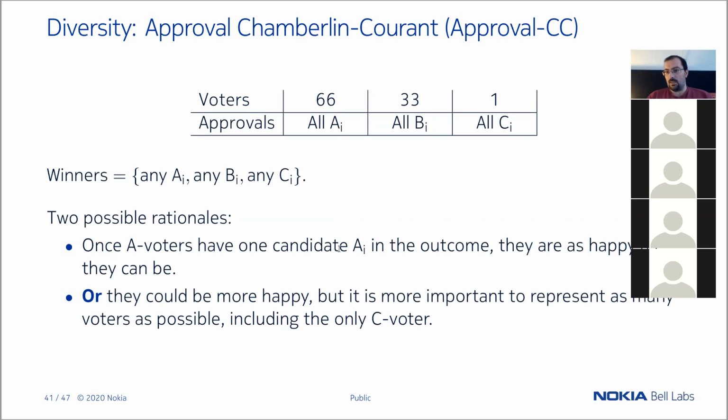Only one is enough to save you in case of heart attack. And the second possible explanation is to say that maybe they can be happier, but it's more important to represent as many voters as possible, even if that means giving a voice to one voter only in the C group.